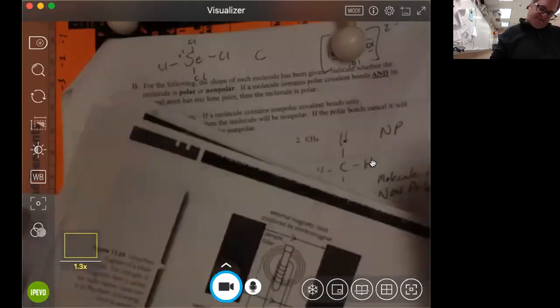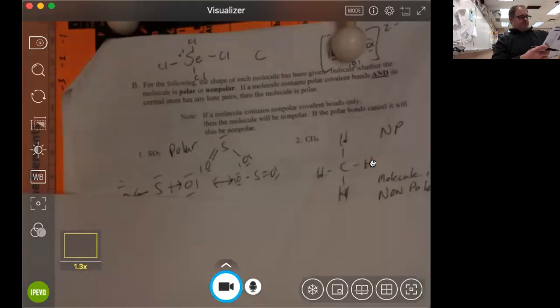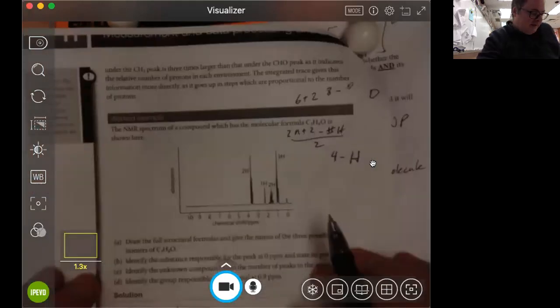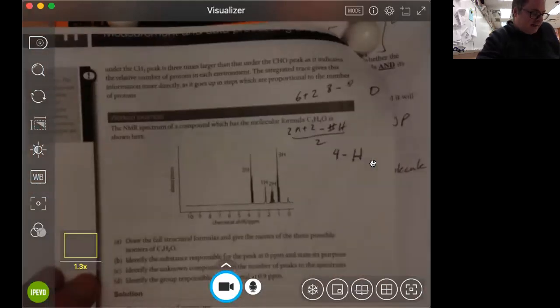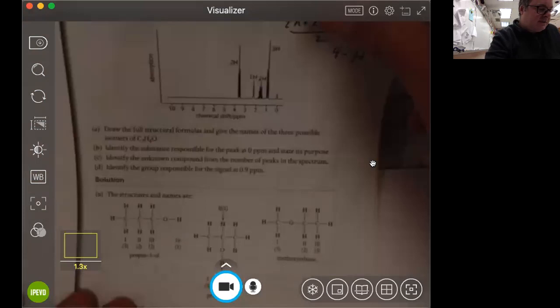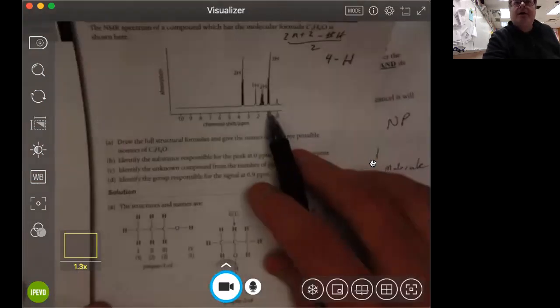I didn't realize it would affect the hydrogens if they're bonded to a carbon which is bonded to an oxygen. Yeah, that pull in electrons will affect it a little. It may not affect it a huge amount, but you can see that this is right at 0.9 to 1.0.